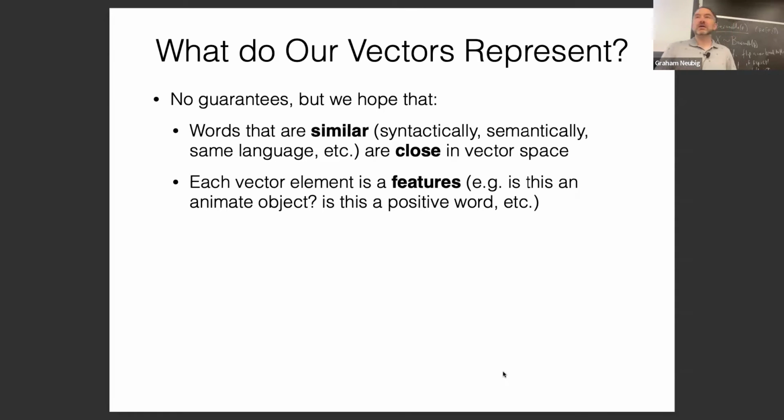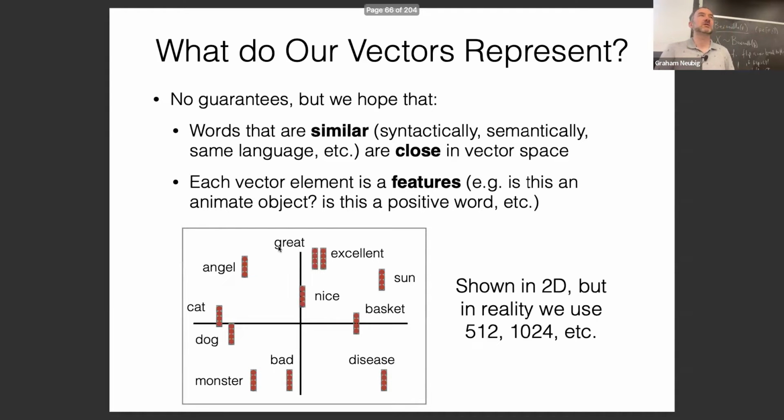Another thing that is commonly the case, but not always, is that each vector element is a feature that has some sort of interpretable meaning. For example, one element in the vector could indicate that something's an animate object. Another could indicate that it's a positive word.